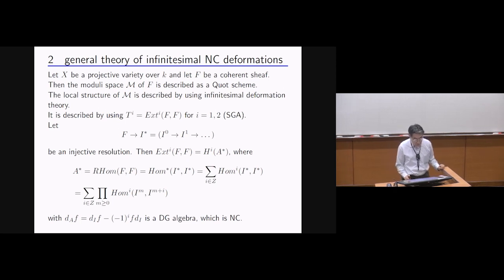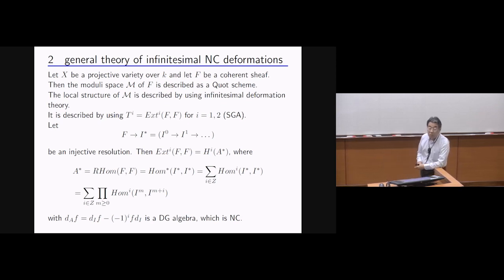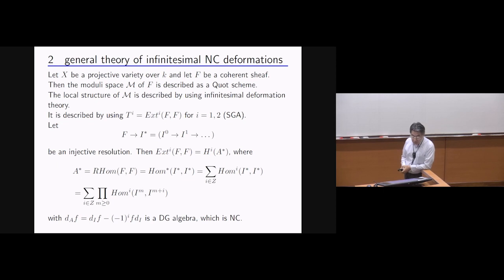So this is a general theory of infinitesimal deformations. So let X be a projective variety over some field K, and let F be a coherent sheaf on X. Then the moduli space M of F, the usual commutative moduli space, is described as a Quot scheme, according to Grothendieck.